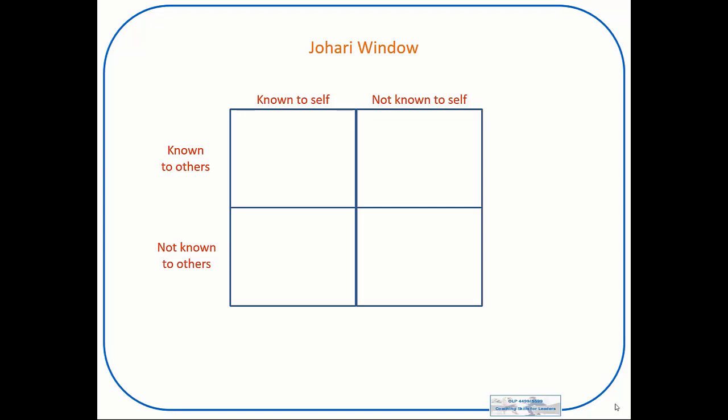And when we put those together, we get things that are known to self and known to others, which is open, things that are known to self and not known to others, which are things that are hidden, things that are not known to self but are known to others, which is referred to as a blind spot, and things that are not known to self and are not known to others, which is unknown.